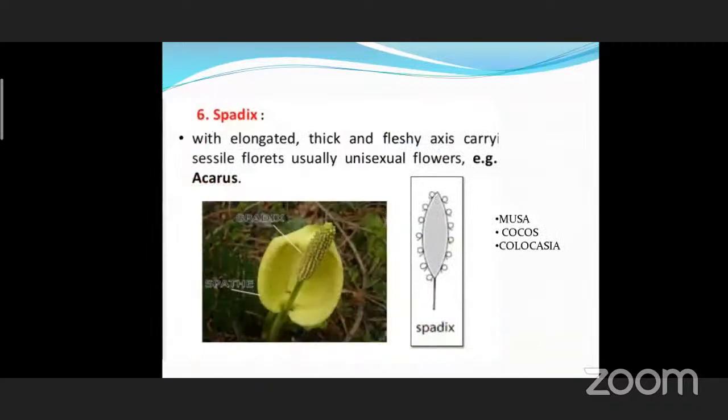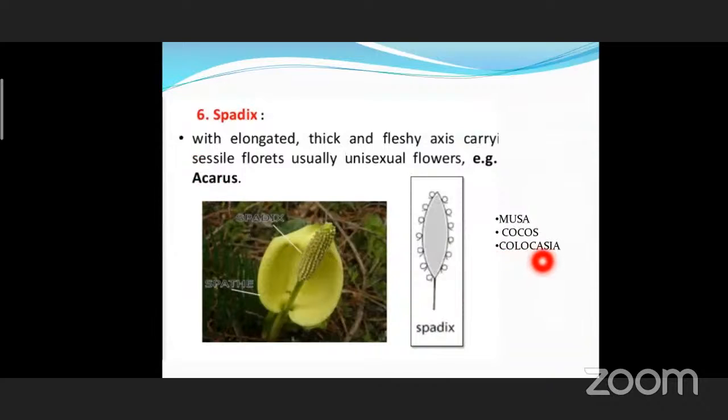Next, the last one, the sixth one, simple racemose inflorescence, that is spadix inflorescence. This is spadix type of inflorescence with elongated, thick and fleshy axis carrying the sessile flowers, usually unisexual flowers. Best examples, Acorus and Musa, Cocos and Colocasia.